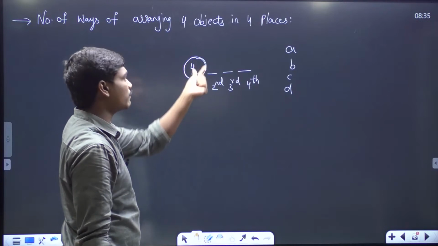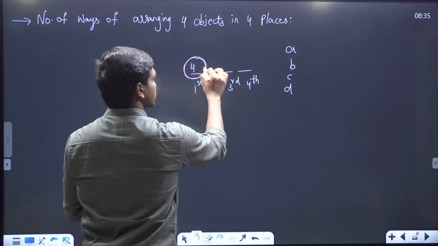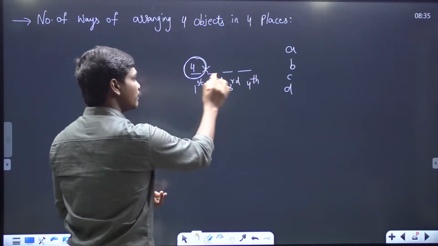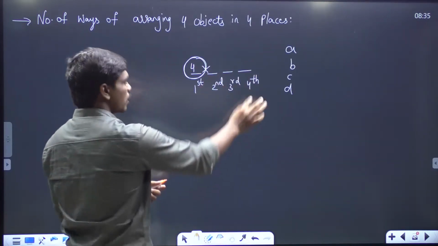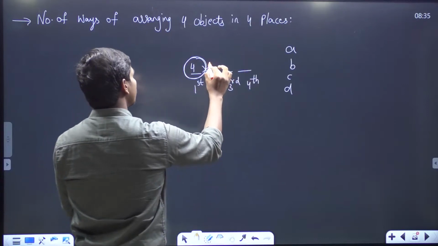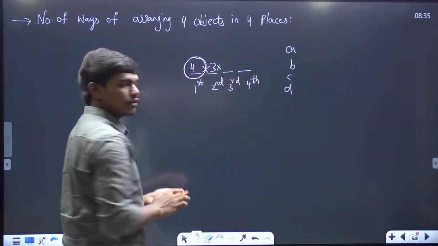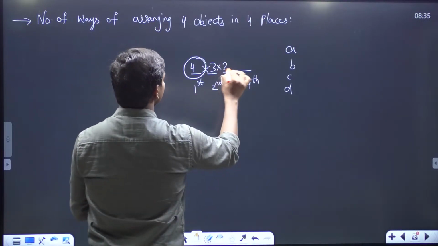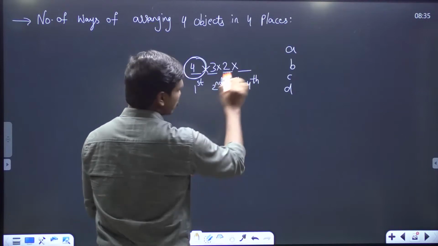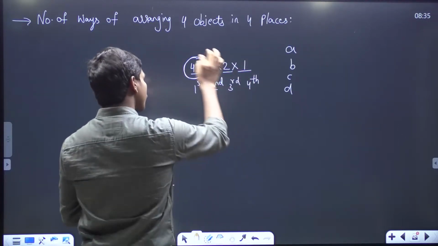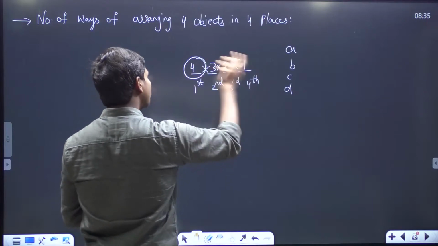So total number of ways available is 4, and the task is not yet completed because you need to fill all these 3 places. So for filling the second place, since you have already put 1 object in the first place, you still have 3 objects, which means you have 3 choices to fill this space. Similarly, if you go here, you have 2 choices to fill this space, and finally you have 1 choice to fill the last place. Because see carefully, whenever you are talking about the first place, no object is put here.